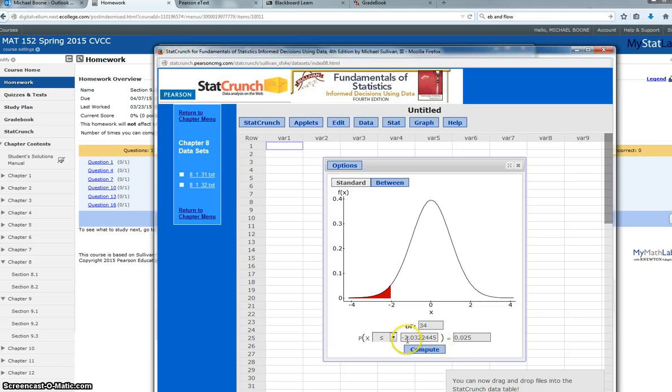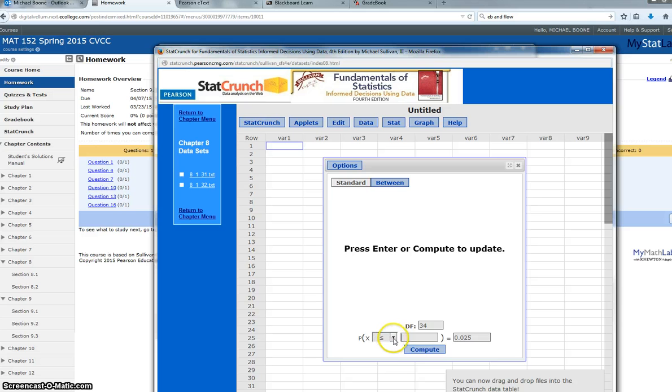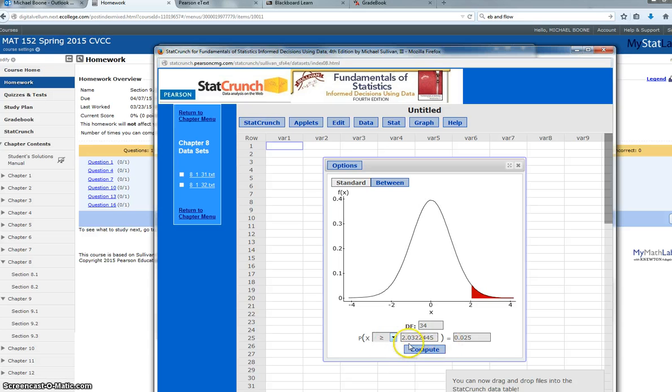If I said I wanted 0.025 to the right, it's also the same value except the opposite. So it has a lot of similarities to the normal curve, except it's actually a little bit spread out. This curve is symmetric, but it's not the exact same as the normal curve. So if there's questions like that, here is a t-calculator.